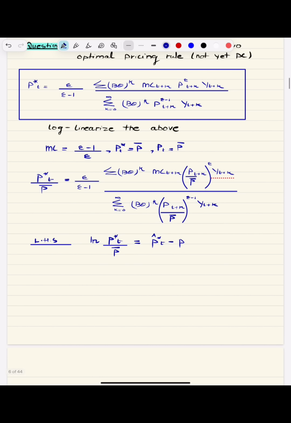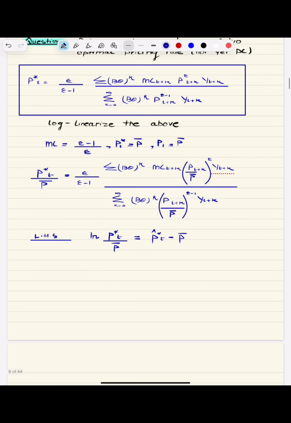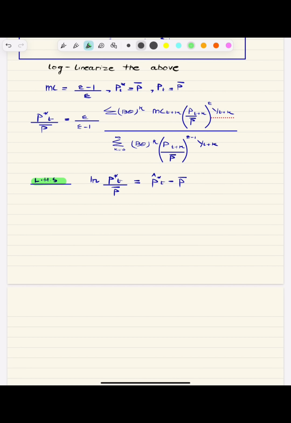Bar is just a value, so I don't need to put a hat on it, so it's just a p bar, I think. Yeah, so this goes here, and on the right hand side, let's take the logs.